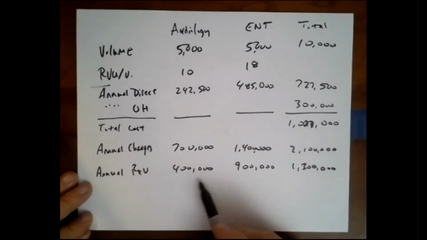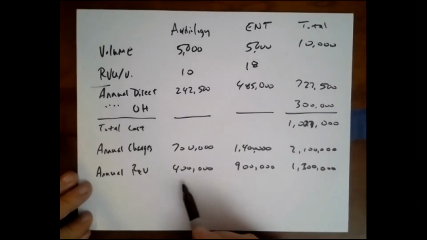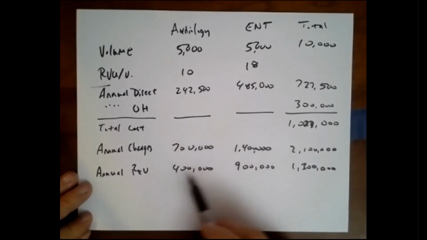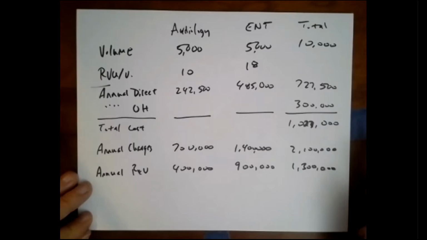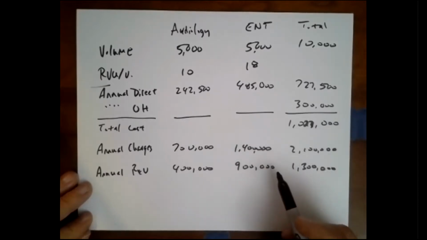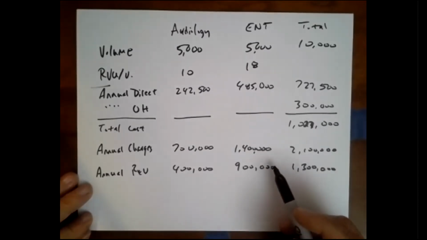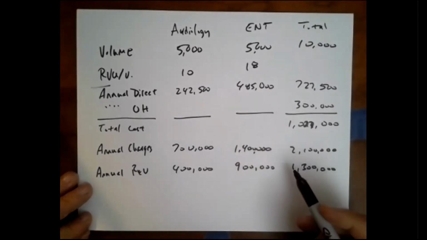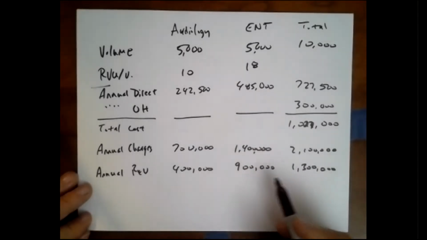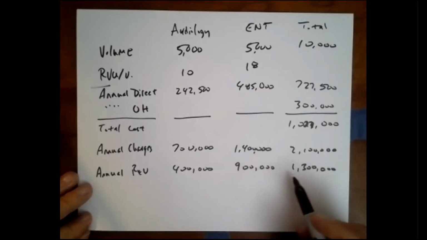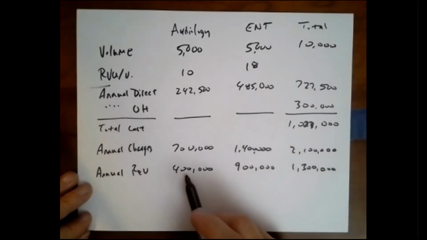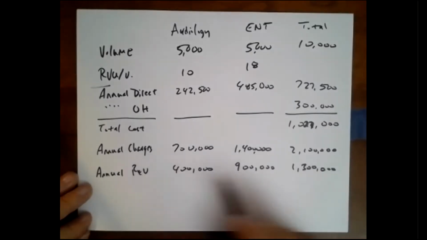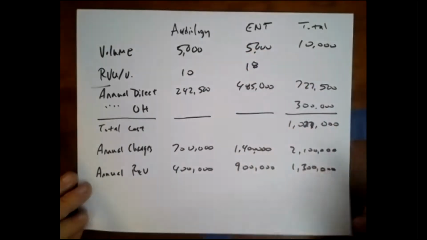And then finally, the annual revenue is what they actually collect from the insurance companies. And so here you can see there's about a 40%, maybe more, amount taken off as a result of the allowances for the contracts. Okay, so 400,000 plus 900,000 gives us 1.3 million in total revenue for the overall clinic.